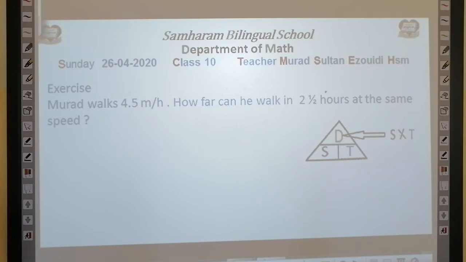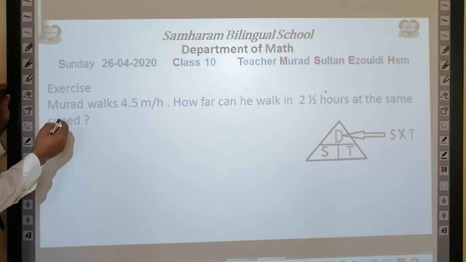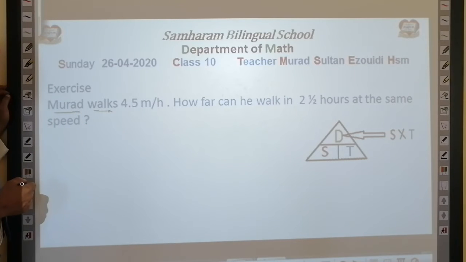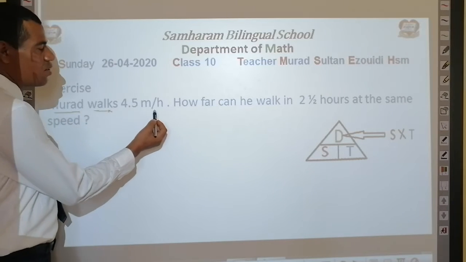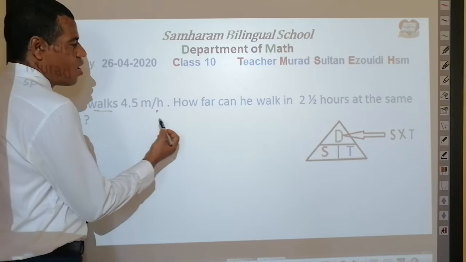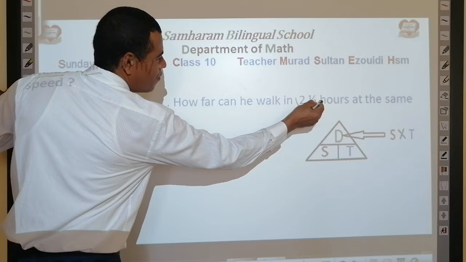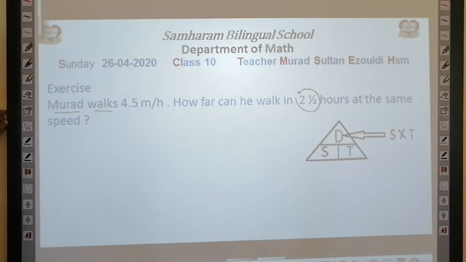an exercise. Murad walks 4.5 meters per hour. How far can he walk in 2 hours and a half at the same speed?